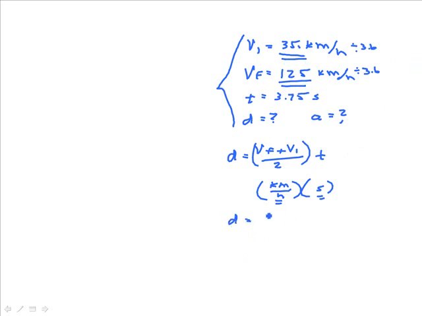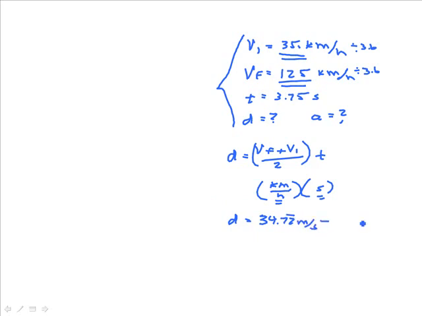d is going to be equal to Vf, which is 125 divided by 3.6. So 125 divided by 3.6 is 34.72 meters per second.